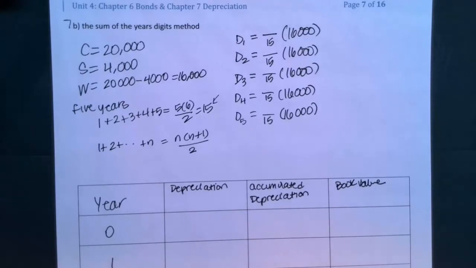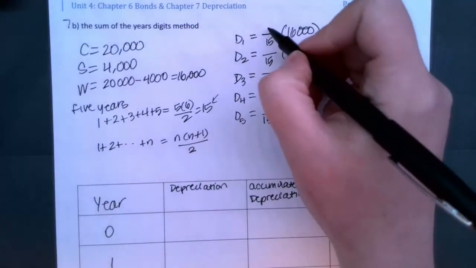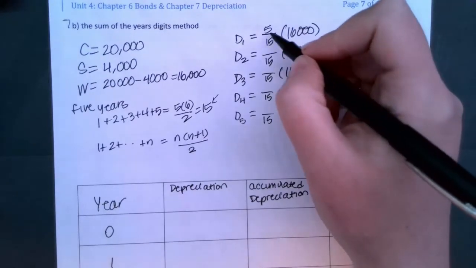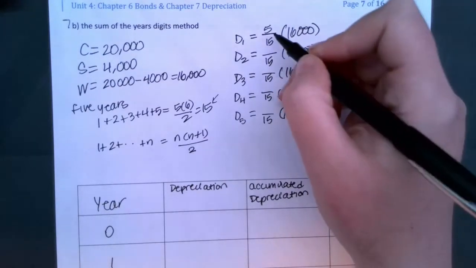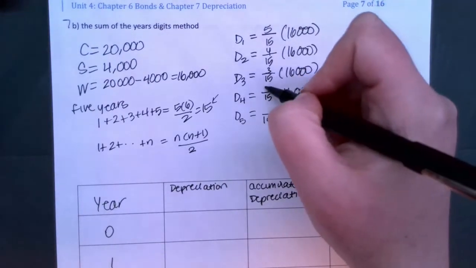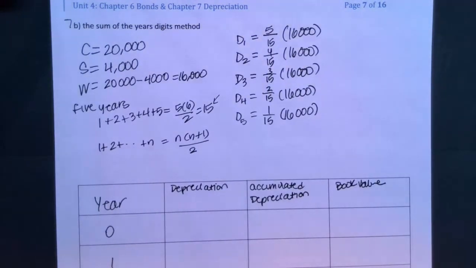Now the first year, what we do is instead of doing 1, we're going to have the most depreciation that first year. So it's going to be a 5. We're going to flip it on its head. So instead of 1, 2, 3, 4, 5, it's 5, 4, 3, 2, 1. So we go in reverse order, but we're using the same numbers here. So again, we're going to accumulate quicker to begin with and then work our way backwards.